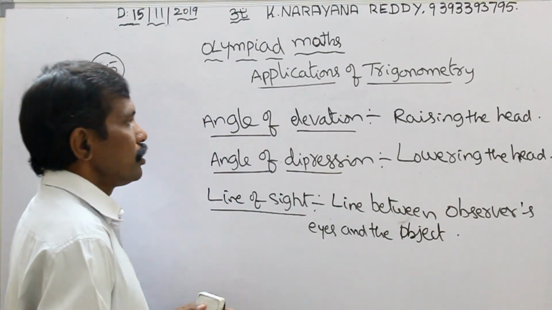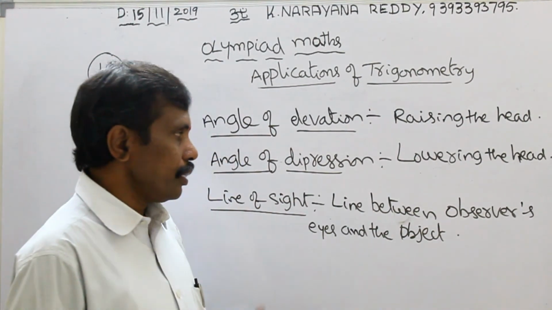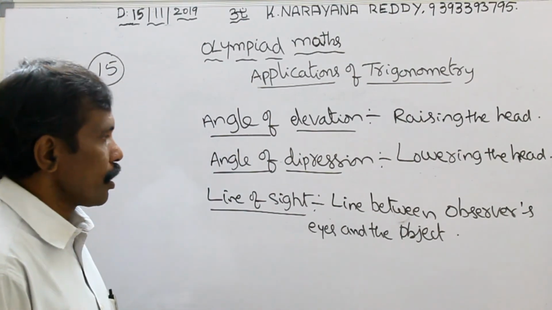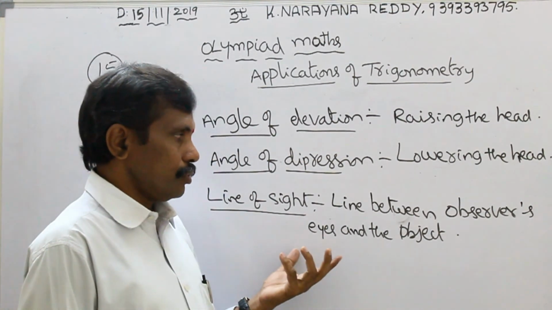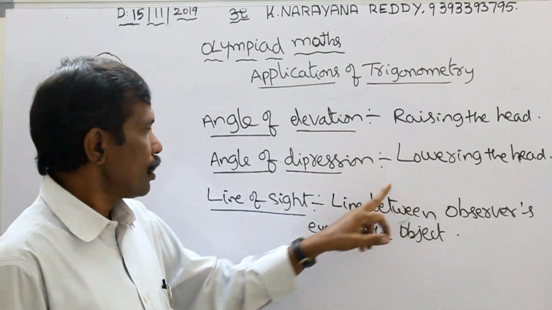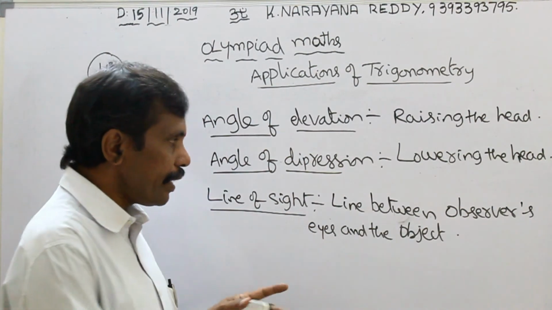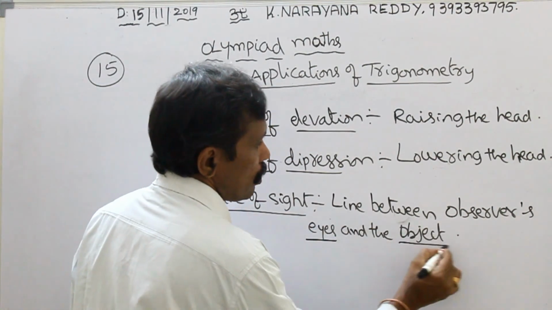Okay? These are three important points which are observed in applications of trigonometry: raising the head, lowering the head, and the line between the observer's eyes and the object. That's all.